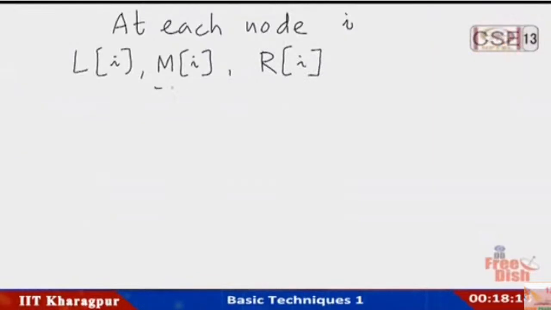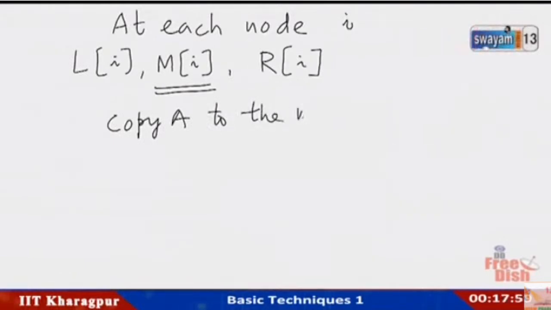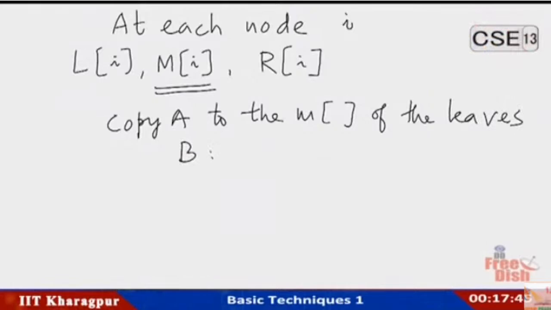So initially we want the given array to occupy the middle values of the leaves. So what we do first is to copy the given array to the m values of the leaves. So we have an array B in which we will hold the binary tree as in the previous algorithm.